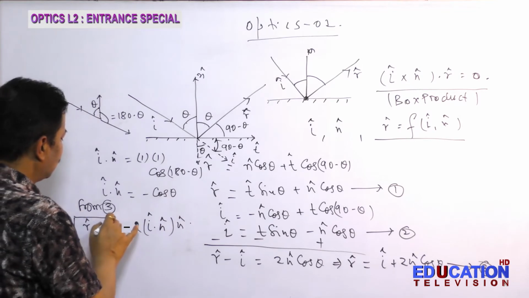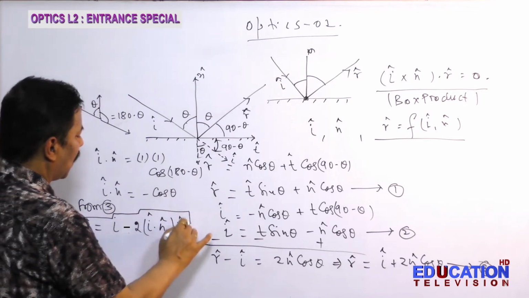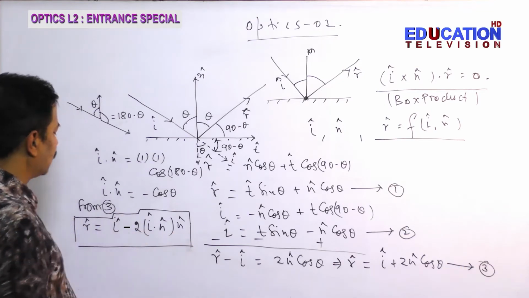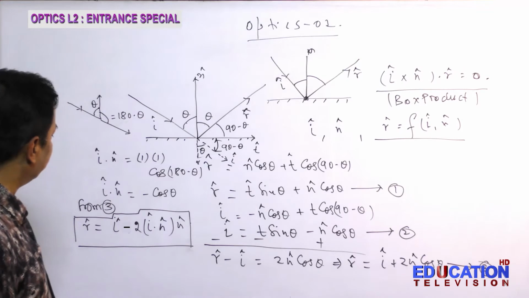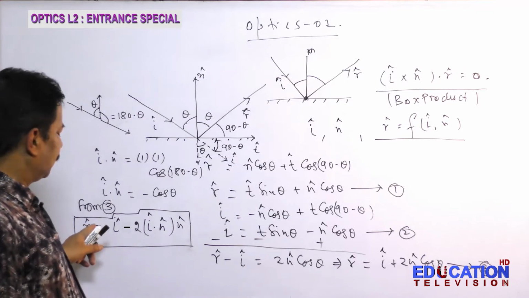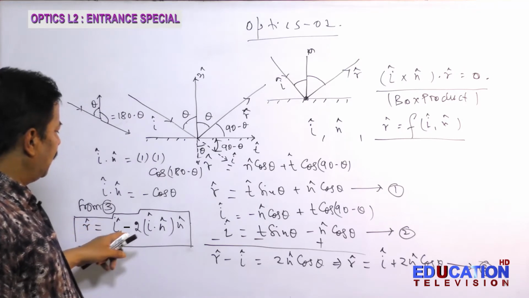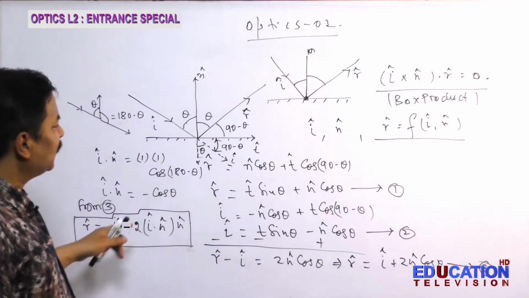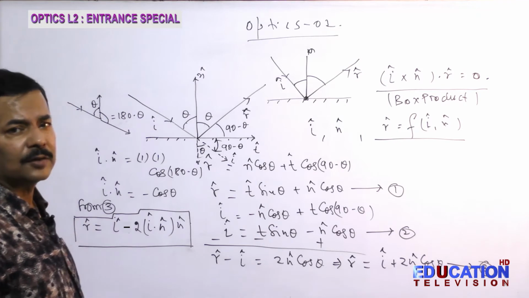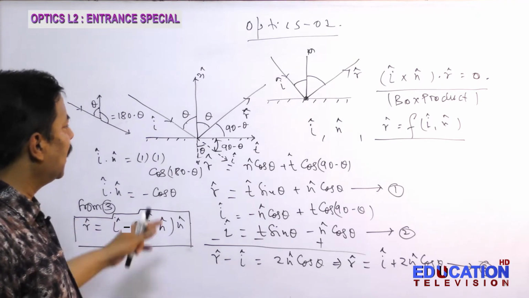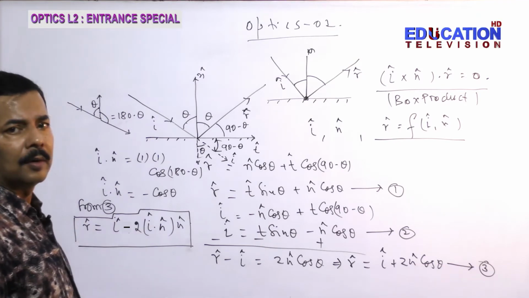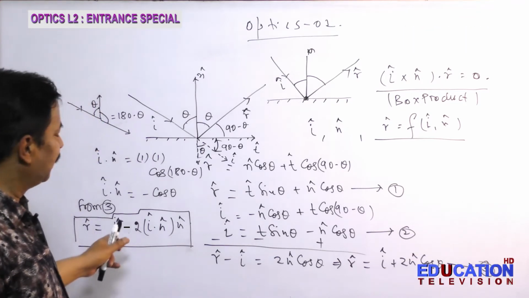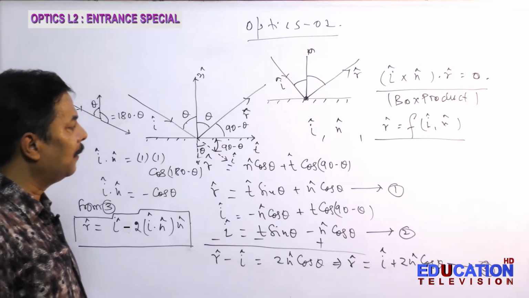This is the result that you are supposed to remember all the time: reflected vector equals incident vector plus 2 into I dot n, n cap. So this relation should always be understood by you regarding the law of reflection in vector form. This is giving you the law of reflection in vector form.